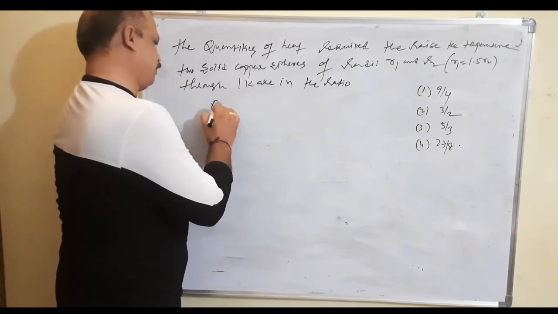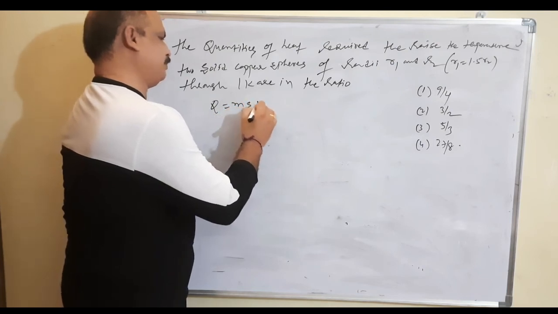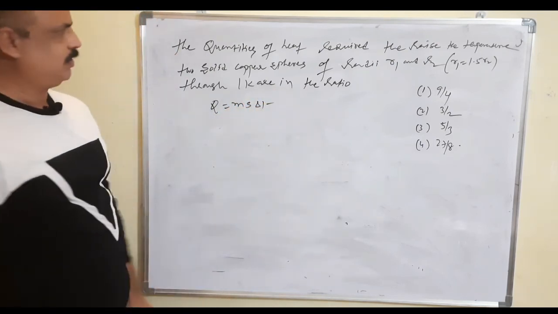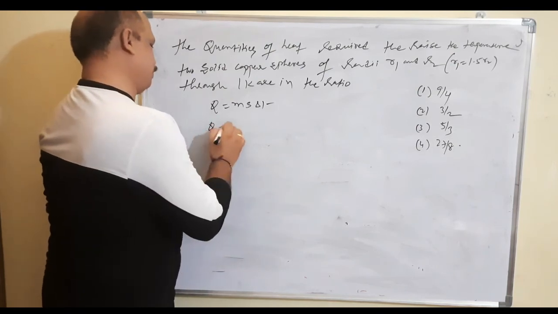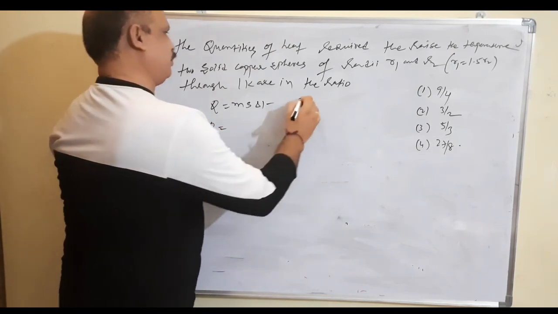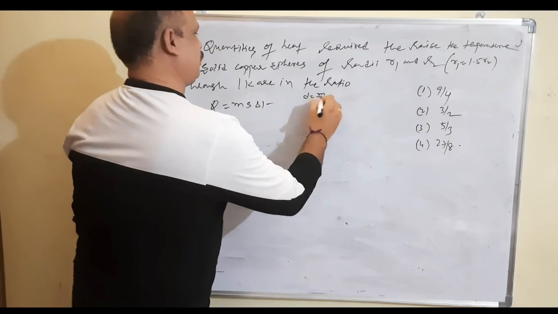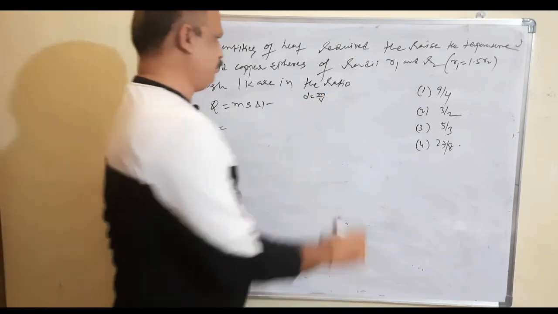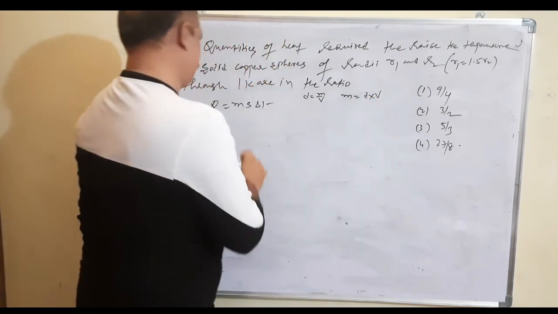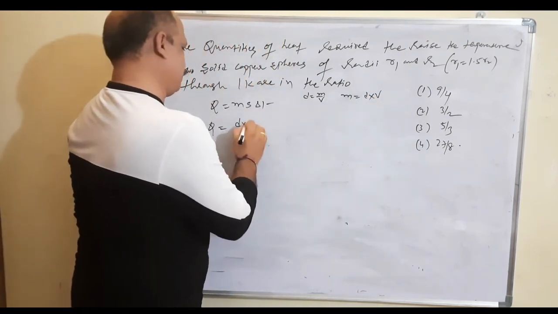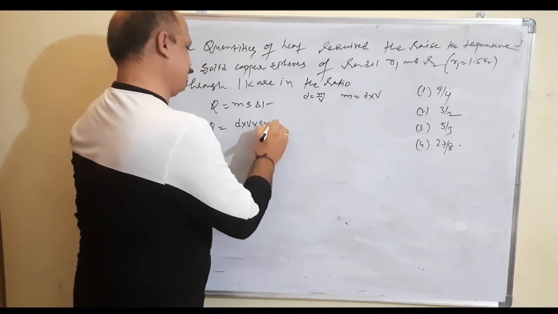So we know that Q is equal to m s delta T. We know that density is equal to mass by volume, so mass is equal to density into volume. So Q is density into volume into s into dT.